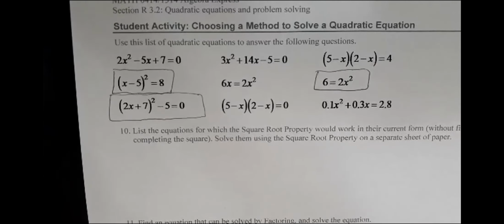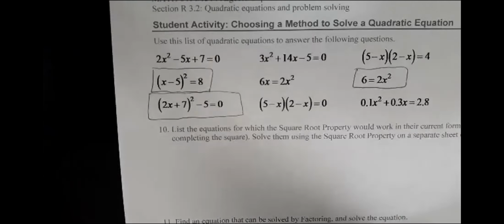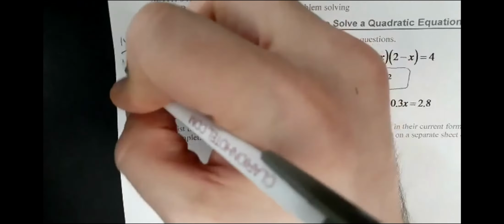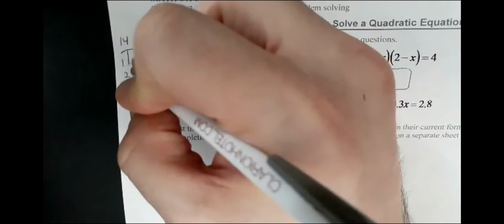Okay, so we got those three out of the way. The next one, they say find an equation that can be solved by factoring and solve the equation. So we're looking along here. And I want something that multiplies to 14 and adds to minus 5. So you might be thinking 1 and 14, 2 and 7.